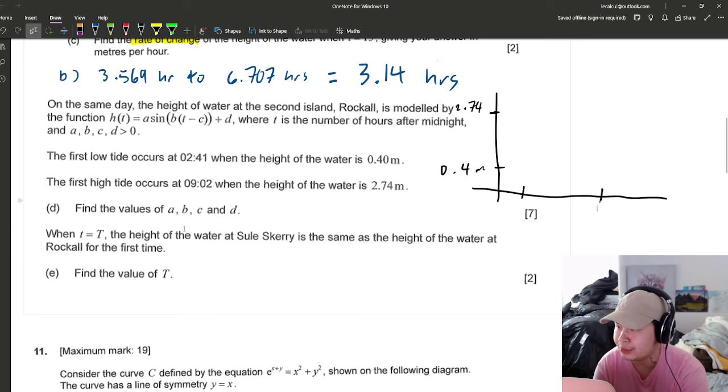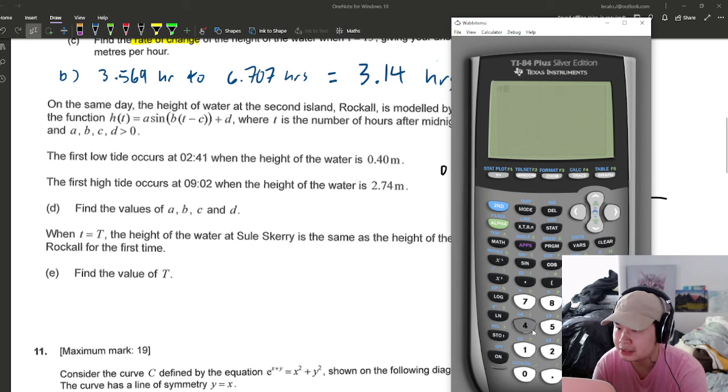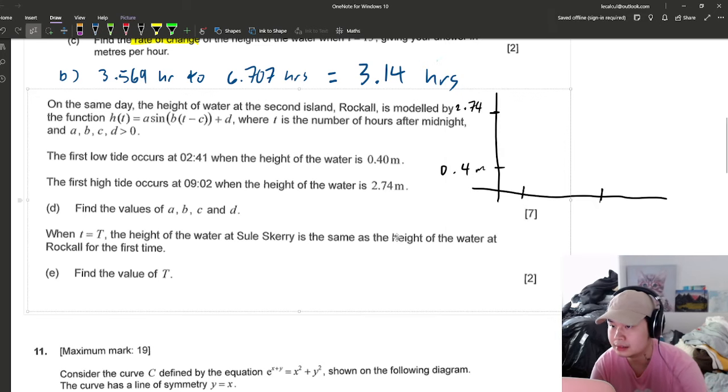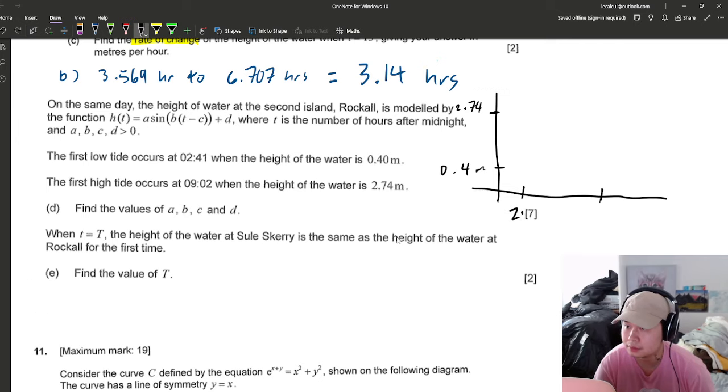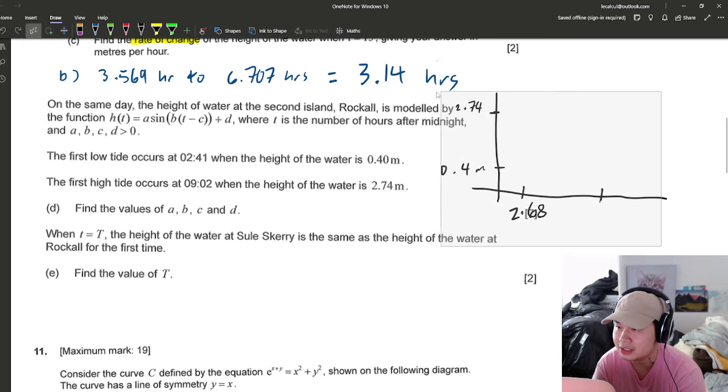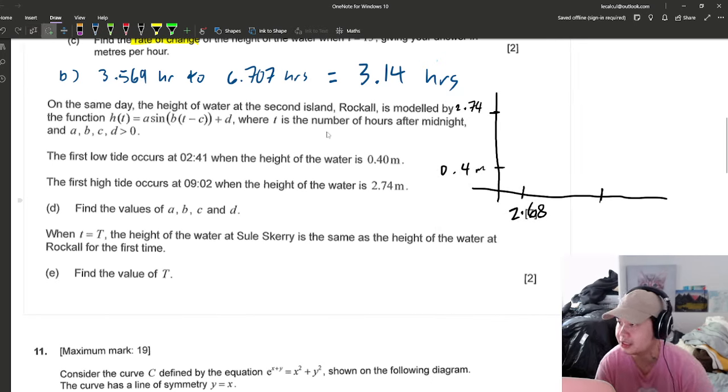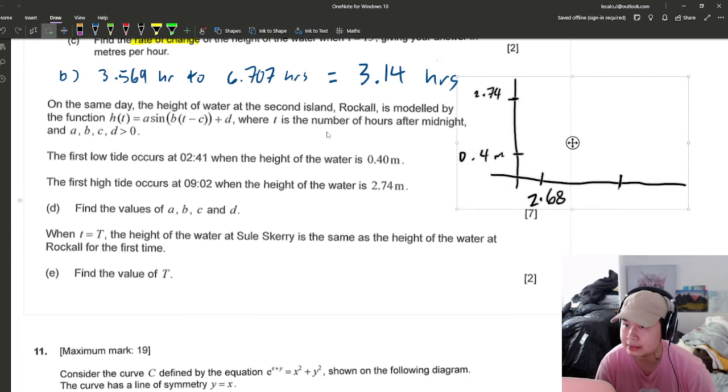Okay, we need to convert both of these times into full hours. So 41 minutes is going to be divided by 60, and then if we add that to 2, we get 2.68.